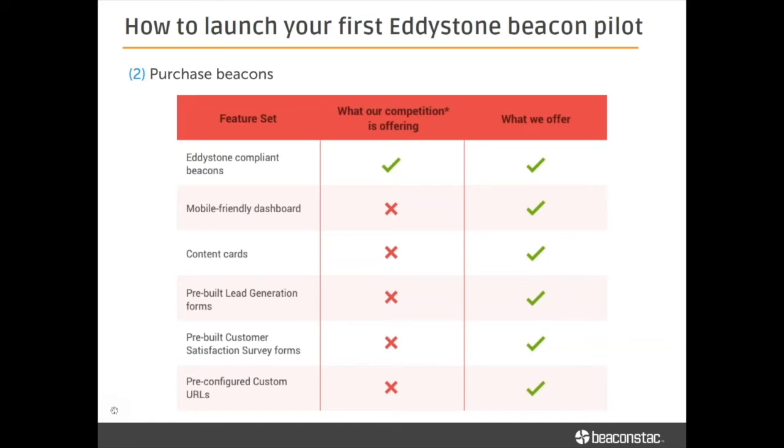So I'll walk you through a series of the features that we've included in this new platform, and it's really designed to truly be an out-of-the-box product where you don't need any developer experience whatsoever. For one, which is pretty unique, it's a mobile-friendly dashboard. So using a mobile device, you can actually set up your first proximity marketing campaigns. You can track certain key analytics in that platform, all from your mobile phone.